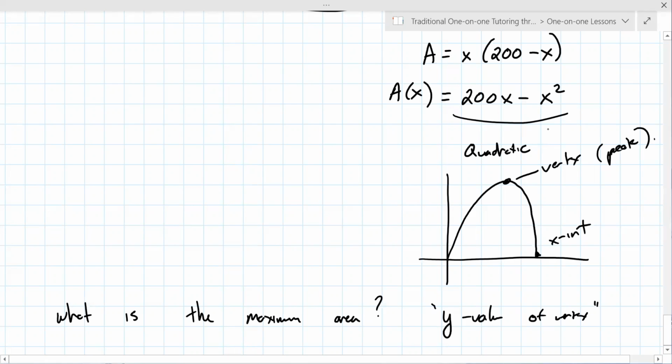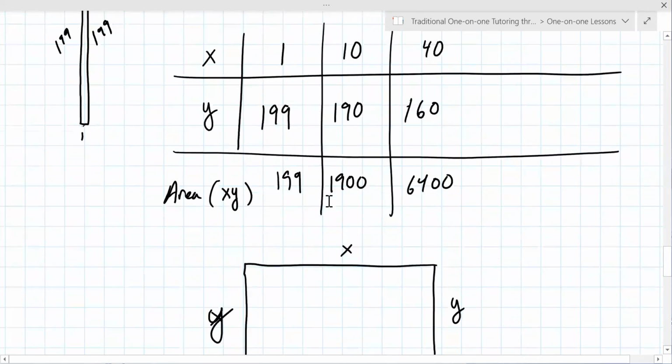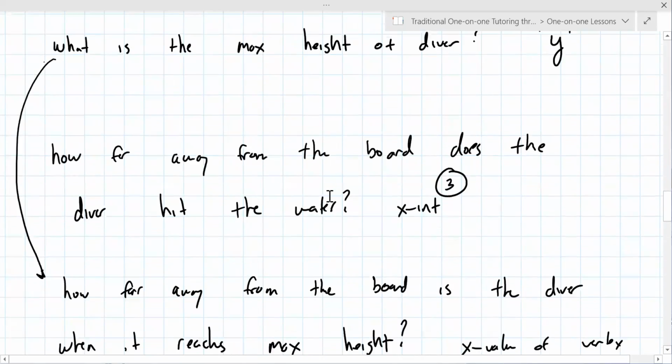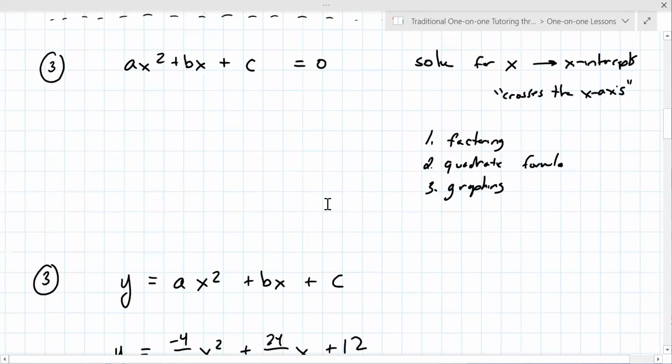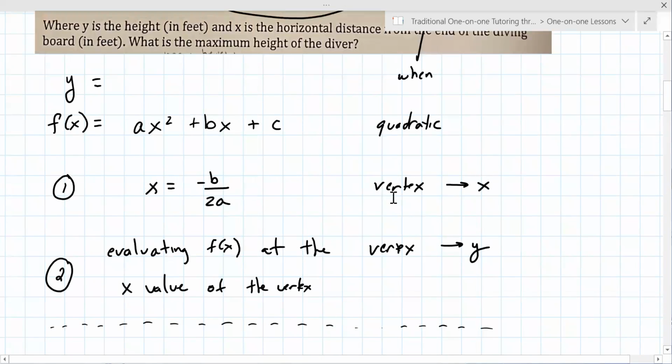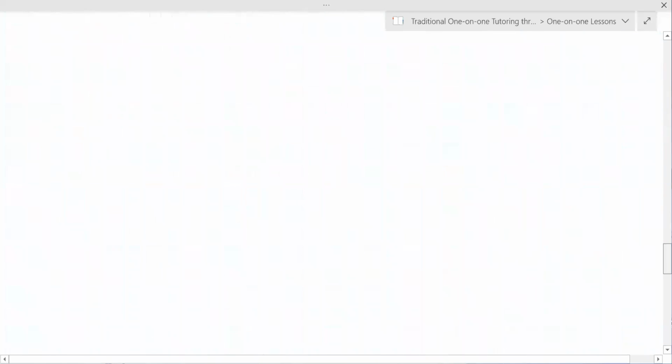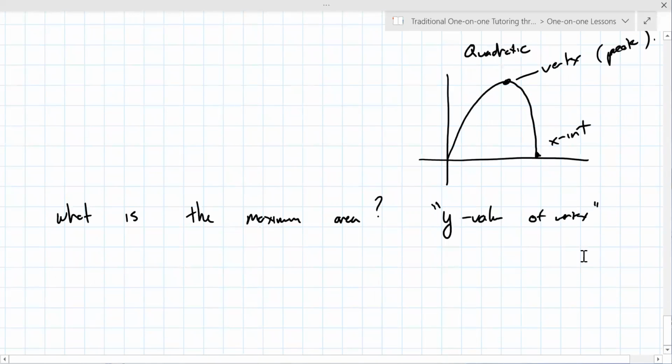So how do we find the y value of the vertex? Well, let's go back and look. The y value of the vertex comes from first getting the x value. We got to get the x value of the vertex. Okay, so let me rewrite this equation.